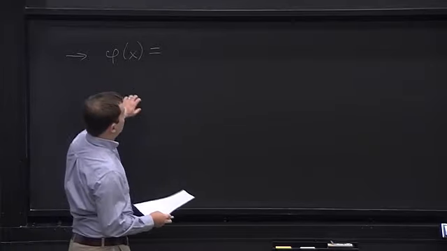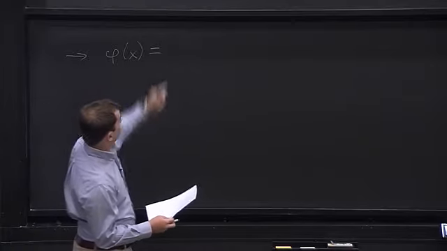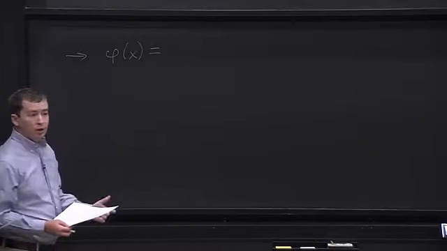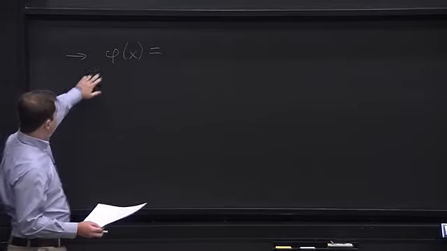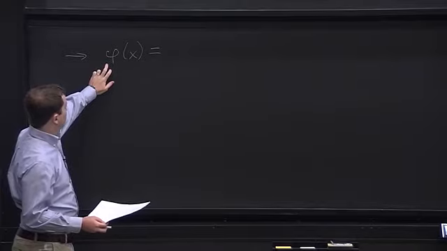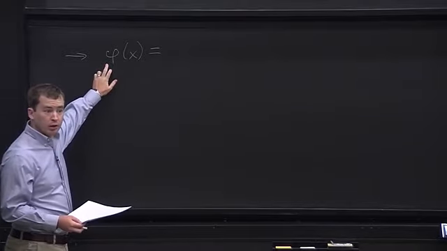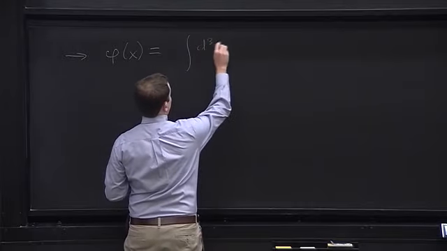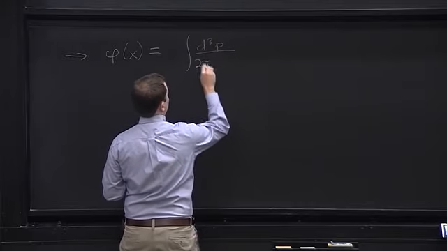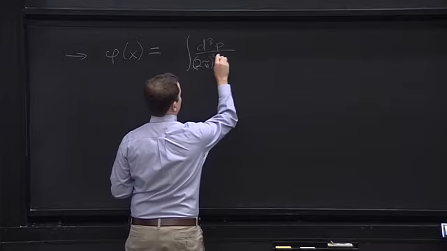In particular, if this is a one particle state and a_p dagger creates a one particle state when we act with it on the vacuum, then phi should be linear in a_p dagger. So it should be something like this.